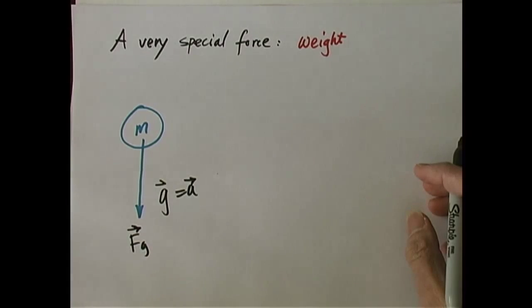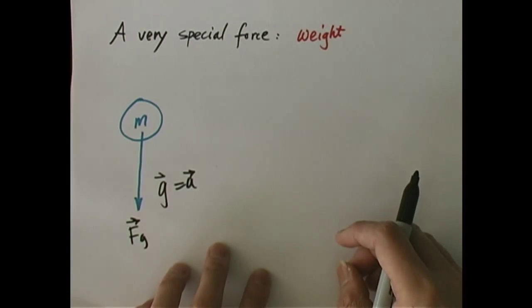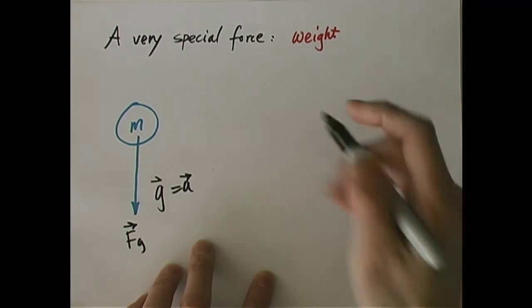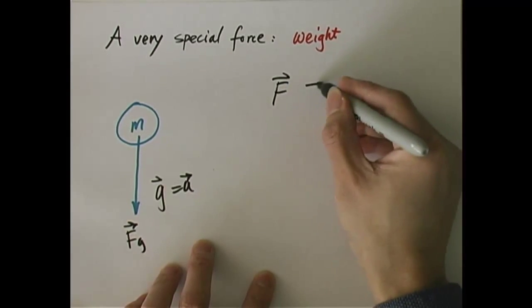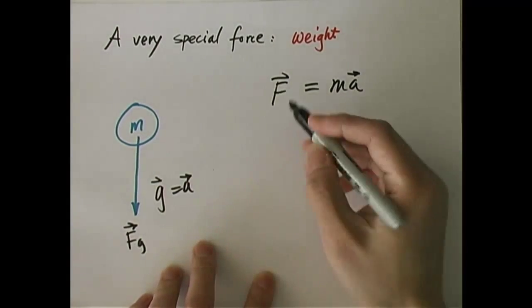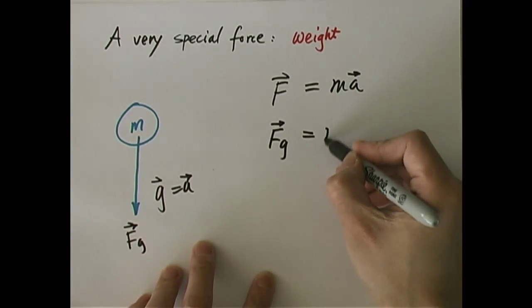G means gravitational. Now, let us apply Newton's second law to the motion of this object. Let us try to understand from a dynamical point of view what is causing this thing to do a free fall. Well, Newton's second law says F equals ma. In our case, what's F? Well, it's the downward weight, Fg. m is the mass.